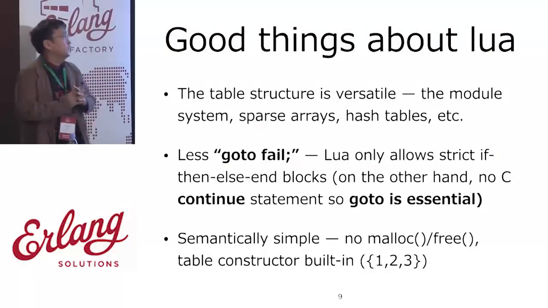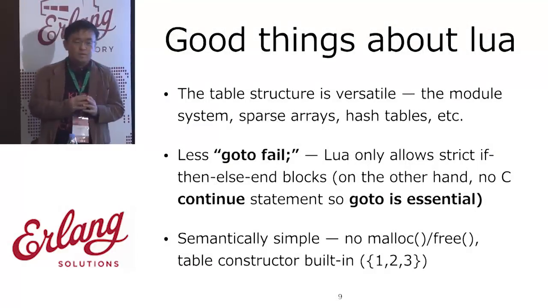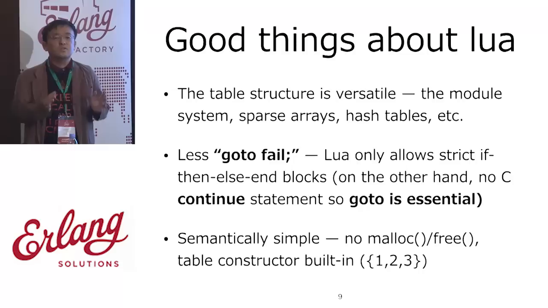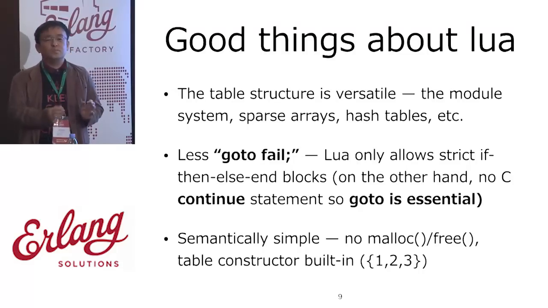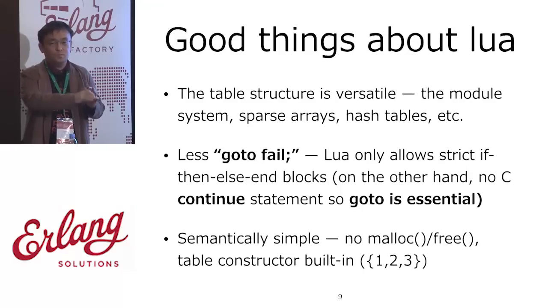Okay, let me talk about good things about Lua. The tables are very good, very well designed. You can use numbers, of course numbers, and strings as the key. So you can get access to the table member just by putting the dot and the member name after the table.